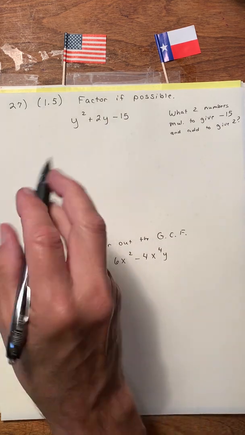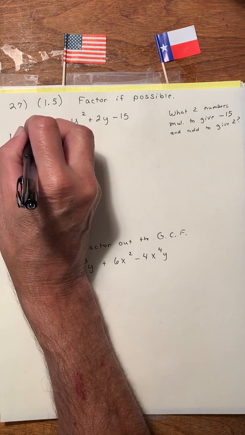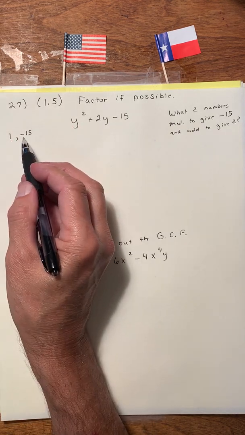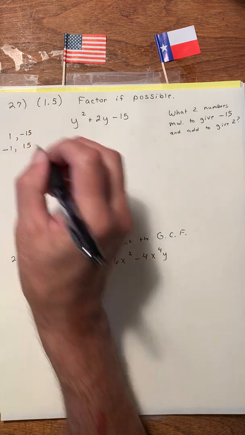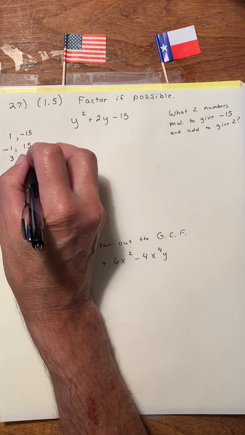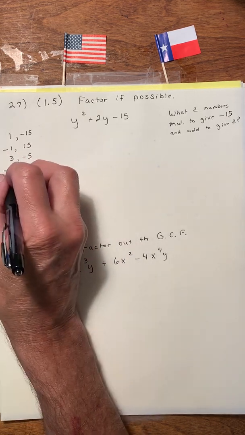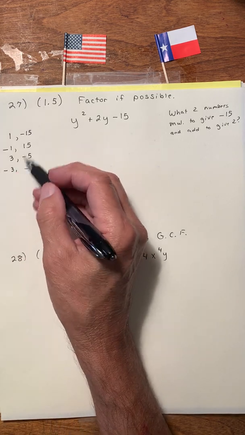So let's start making some suggestions. 1 and negative 15. Those 2 multiply to give negative 15. Likewise, negative 1, 15. How about 3, negative 5? Or negative 3 and 5? Hey, that's about it.